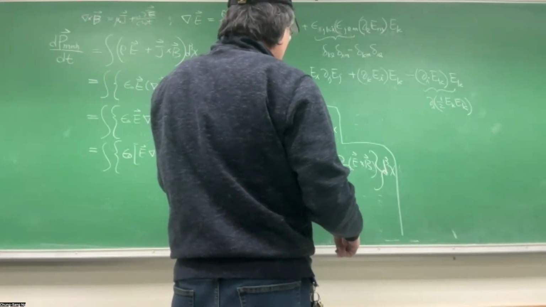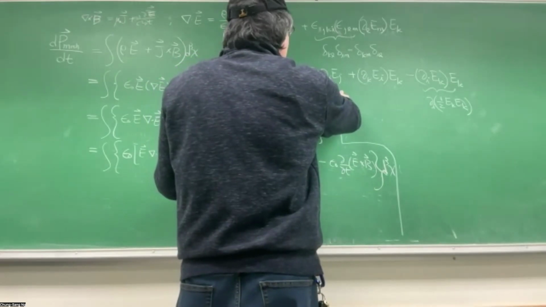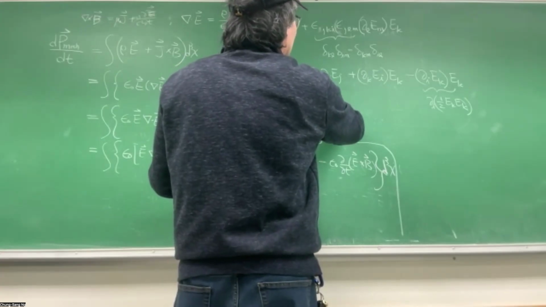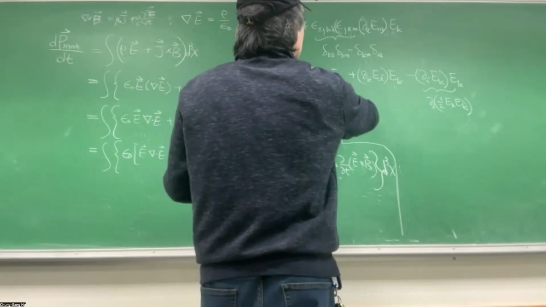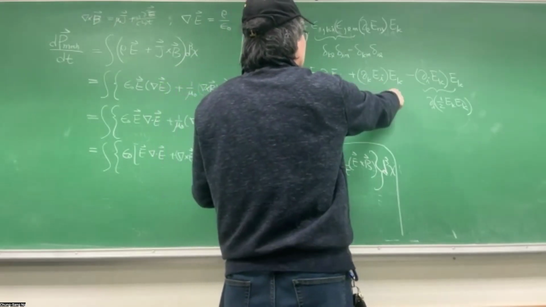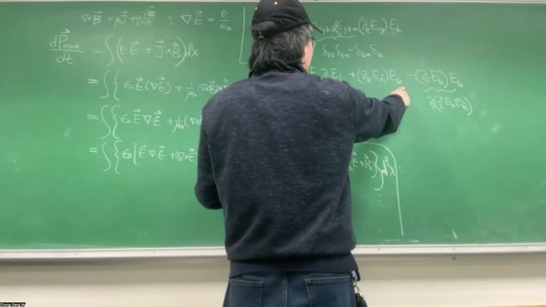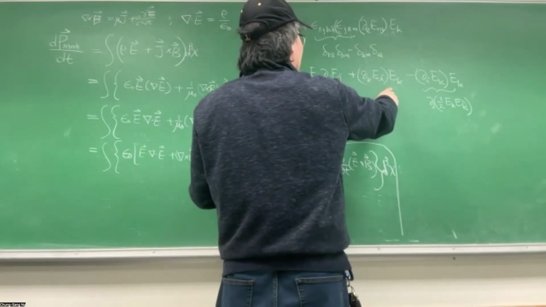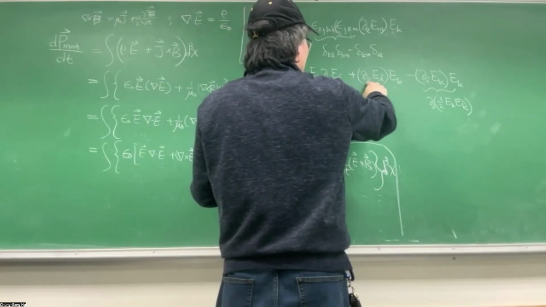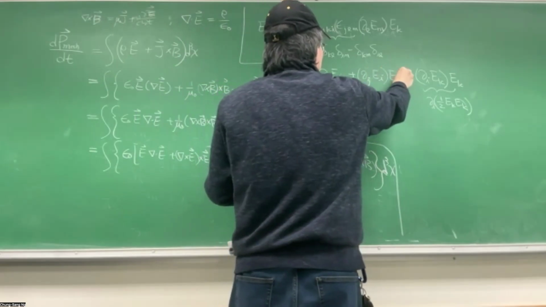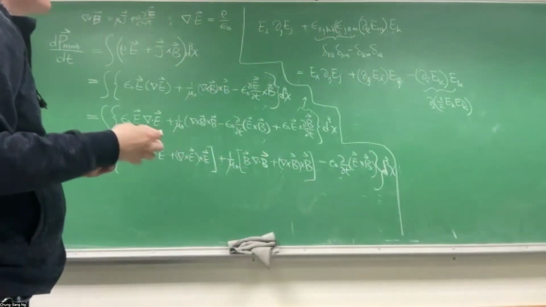First of all, because k and j are dummy variables, you sum over them. This is ij, this is ki. You can call k as j. Doesn't matter. You define the name of the index.